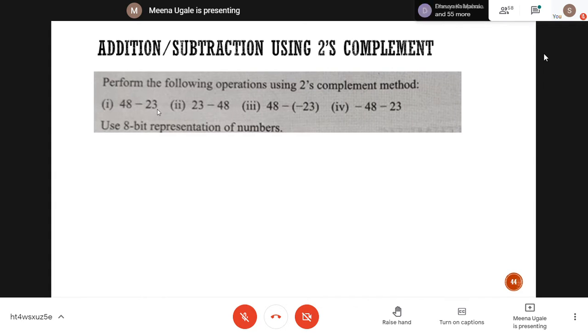Once done, please type your answer in the chat box. This is the final answer.